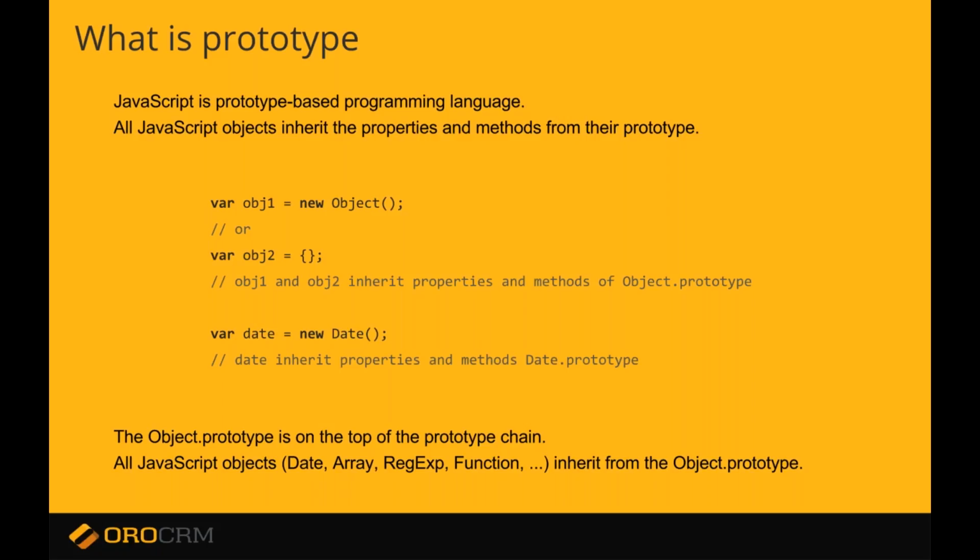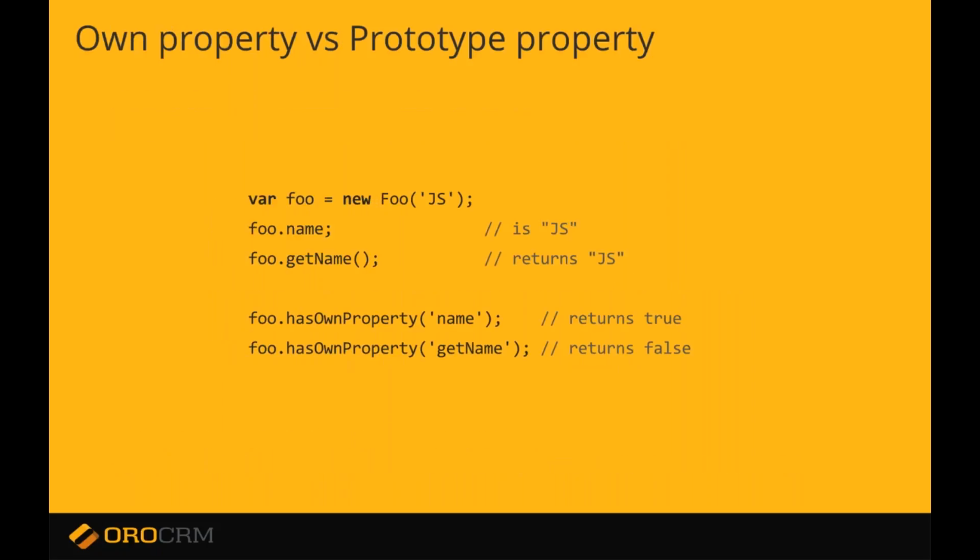And not only Date, all objects that are created by standard constructors, Date, Array, RegExp, Function, etc., will inherit all properties from the base prototype, Object.prototype. Okay.